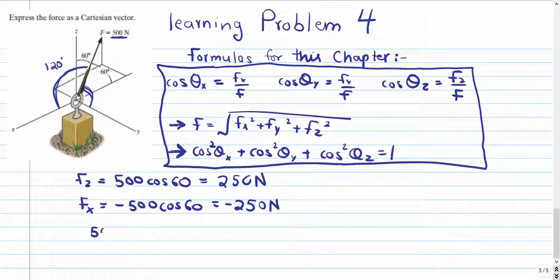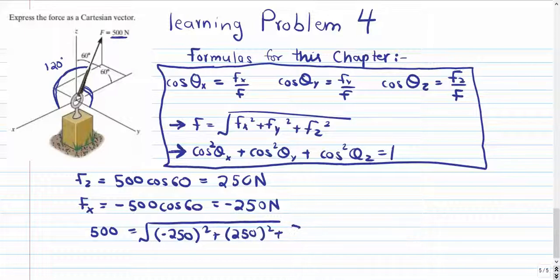F, which is equal to 500 newtons, is equal to the square root of the component along the x-axis whole squared, which is negative 250 whole squared, plus the component along the z-axis whole squared, plus the component along the y-axis whole squared.